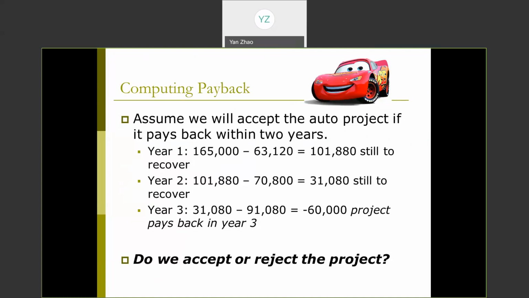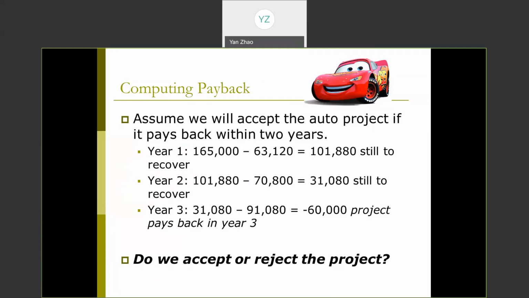The financial manager will say we can only accept the project if we can cover our initial investment in 2 years. But if you're working in a second car company, car company two's financial manager may set a more relaxed rule, say 3 years, which means if we can recover the initial investment in 3 years, we can accept the project. So you can see the cutoff for the payback period is very subjective. Different managers can set different cutoff values.